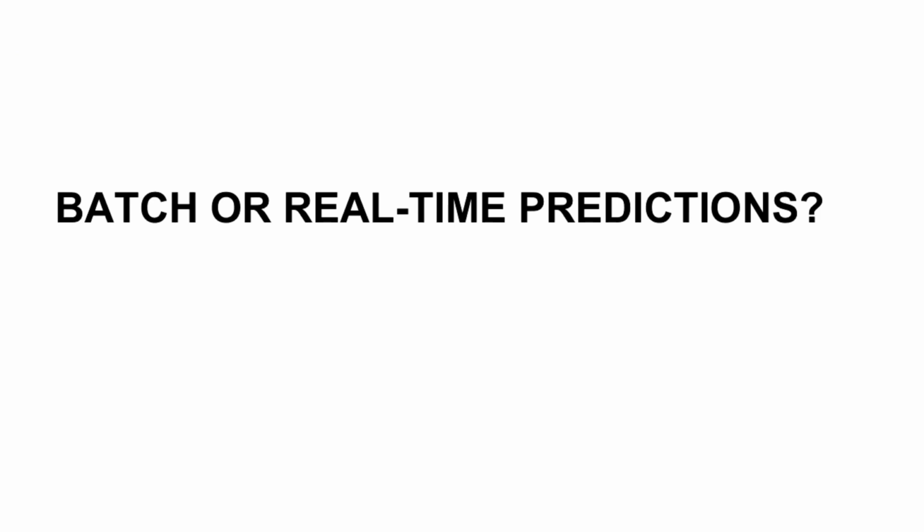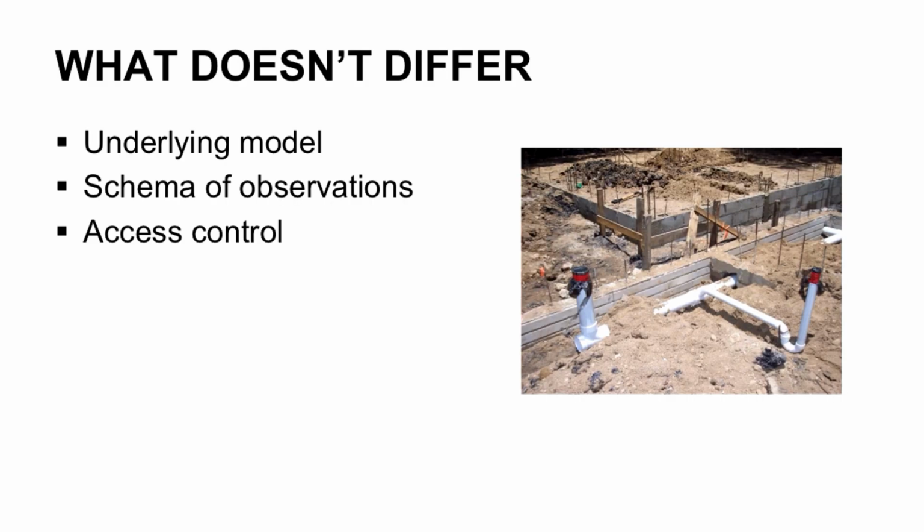Once you've built your model, you're obviously going to want to make predictions against that model. That's the whole point of this exercise, to take data you've previously gathered and found patterns in, and then make predictions about observations. So when you've reached this point, you need to decide, am I going to use batch predictions or real-time predictions? They are similar in a number of ways.